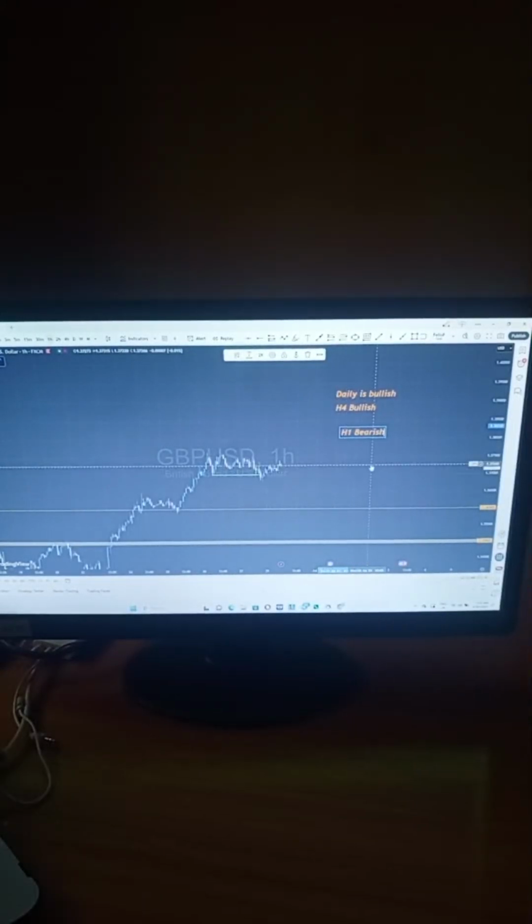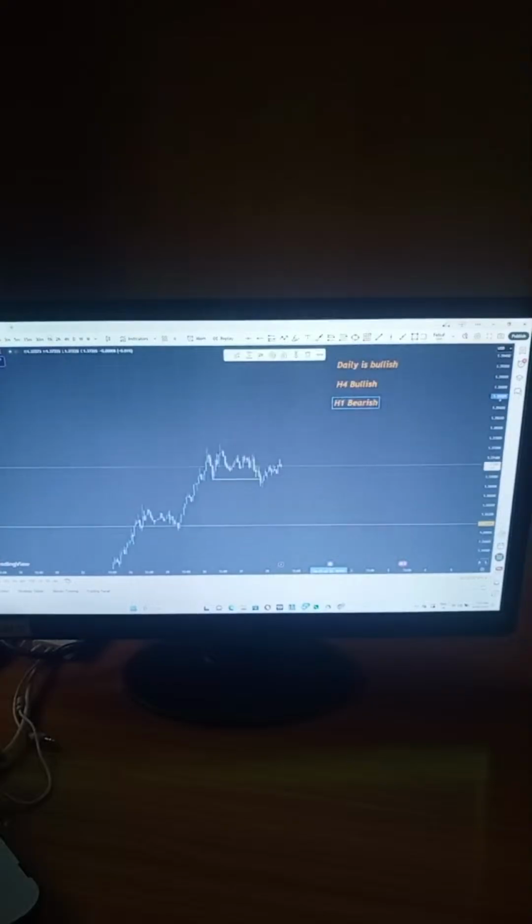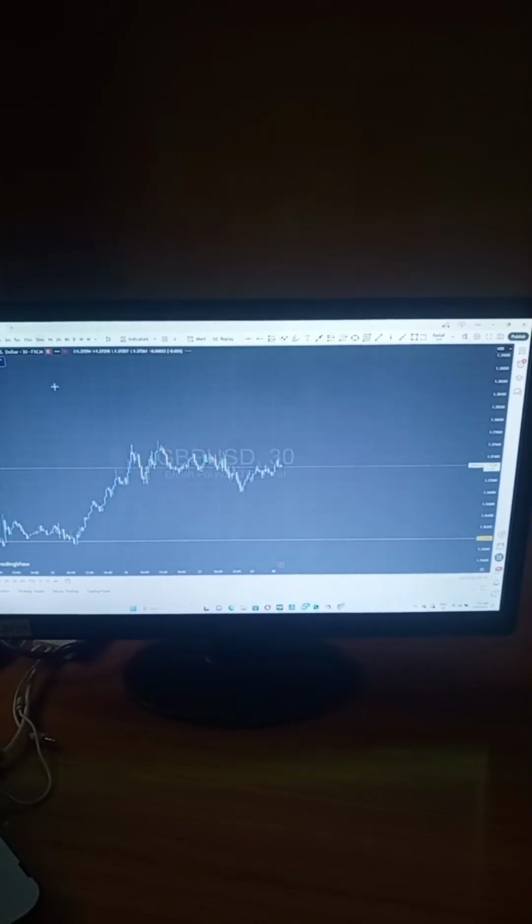H1 is bearish. Now that H1 is bearish, should we just start selling? Well, I could sell at this point. I'm at times aggressive, so let's look at the 30 minutes time frame.